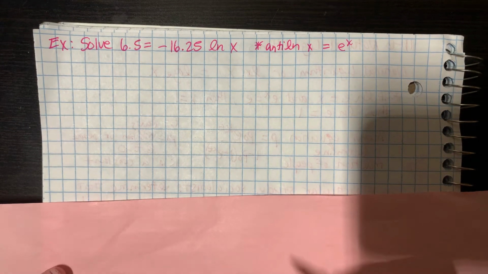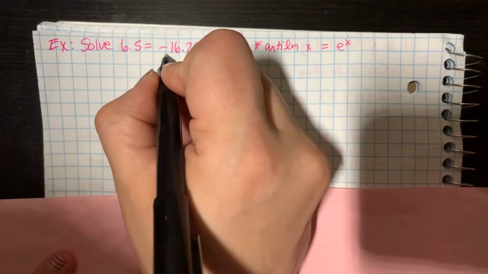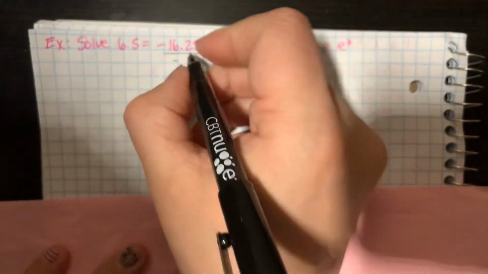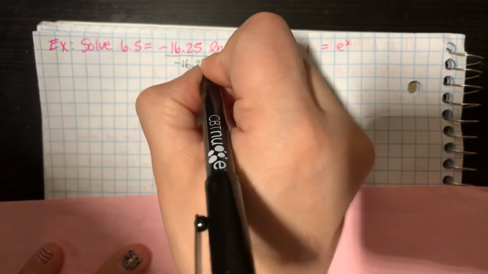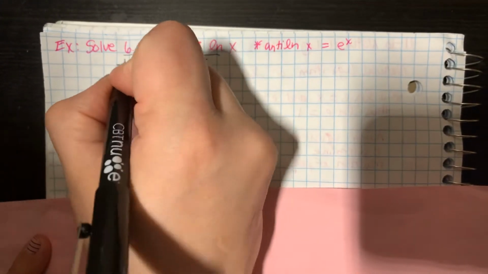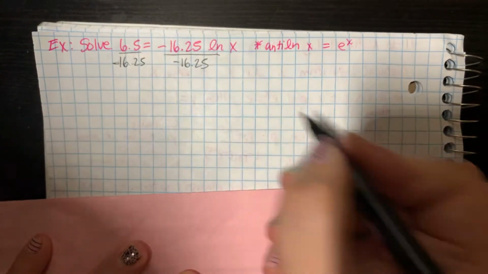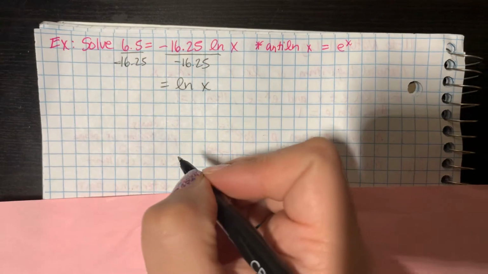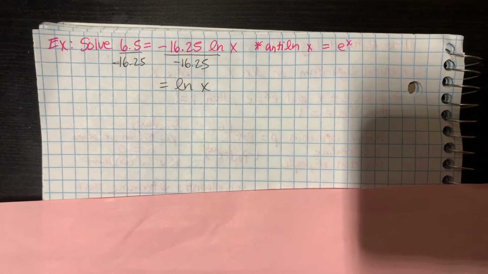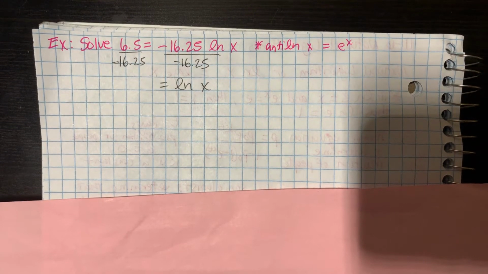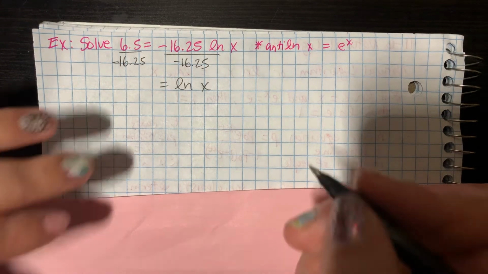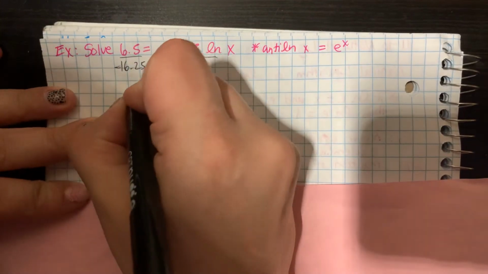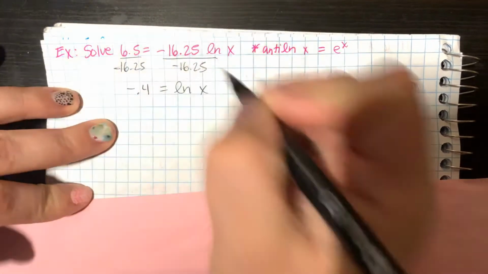What we're going to do is get ln of x by itself. So let's divide. I'll just write it right on the example. So we'll have ln of x equals whatever this is. We'll just punch in our calculator, 6.5 divided by 16.25, which ends up being negative 0.4.